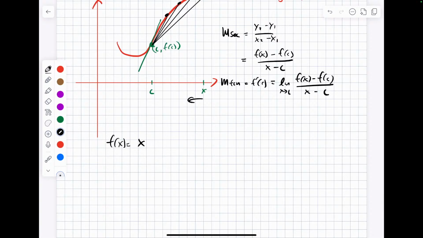So imagine you have x squared minus 6x, and we want to find the derivative at c equal to 2. We're going to use the definition of the alternative derivative, which is what we're looking for.